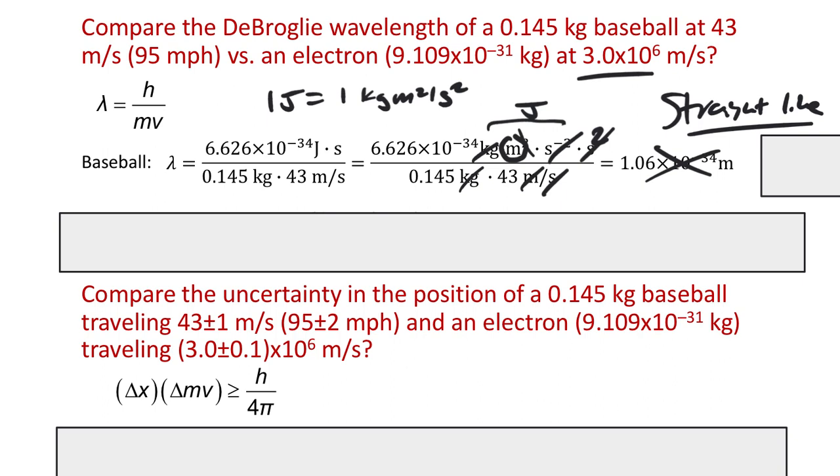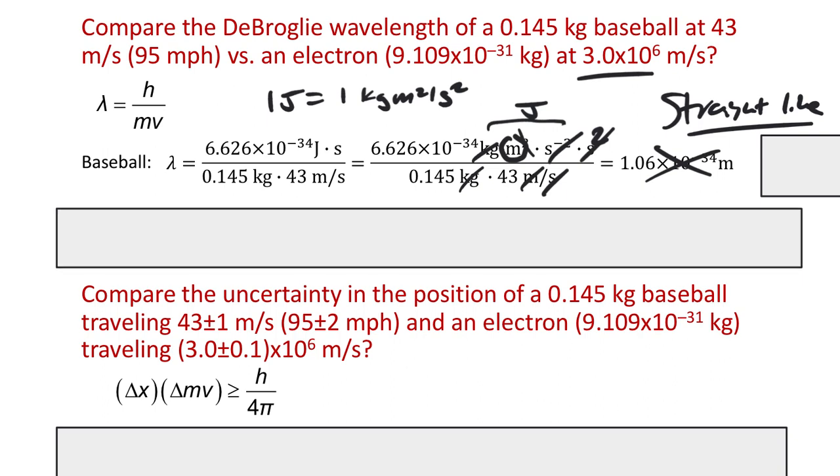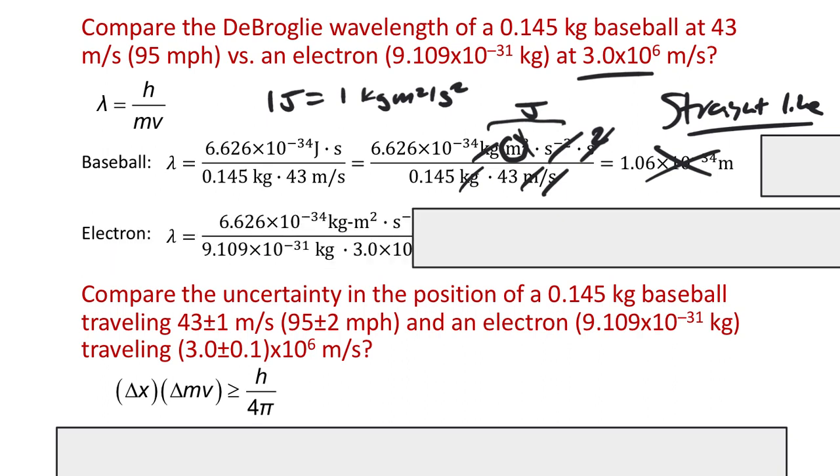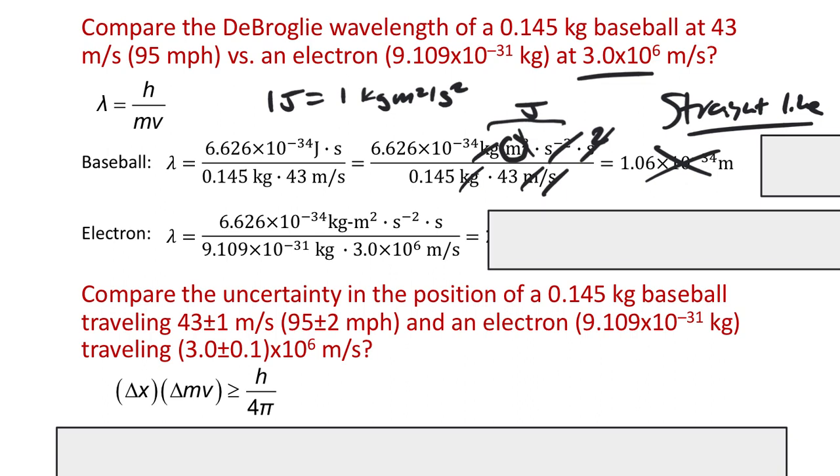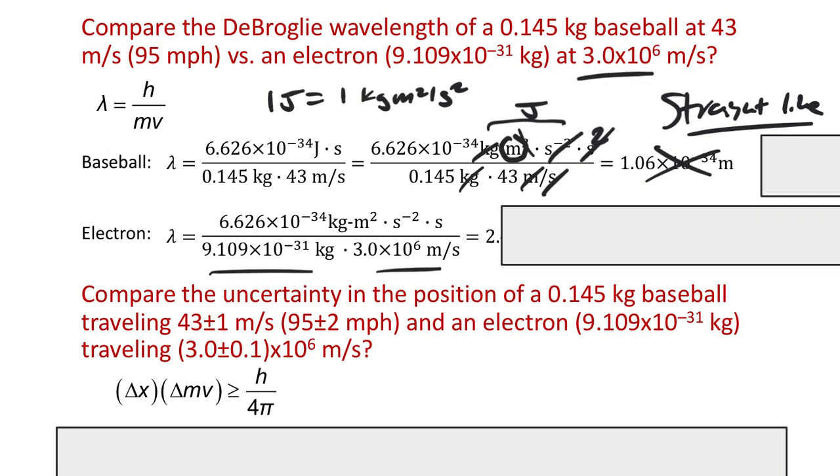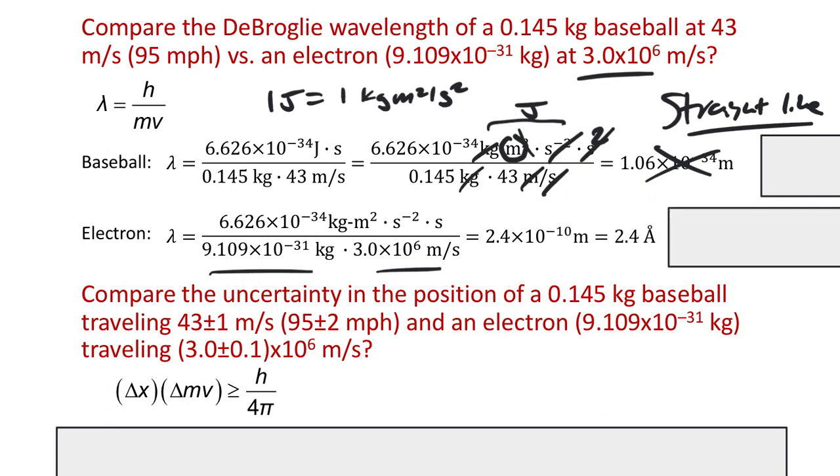But now let's compare that with the electron, thinking of an electron maybe coming across a potential. We have the same basic equation, h divided by mv, with h in kilogram meter squared per second squared times seconds, and the mass in kilograms and velocity in meters per second. We calculate that the wavelength for the electron is on the size of the atom, 2.4 times 10 to the minus 10 meters.